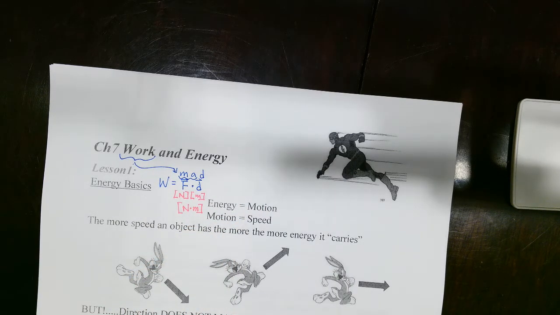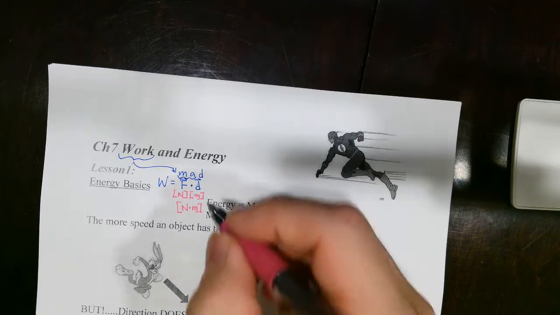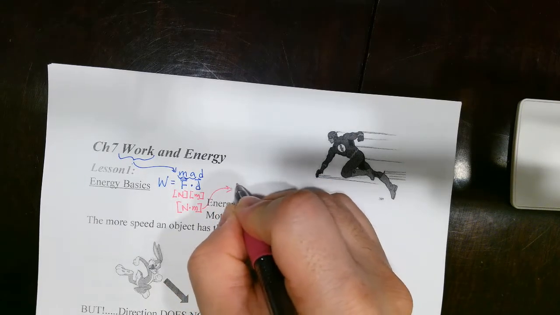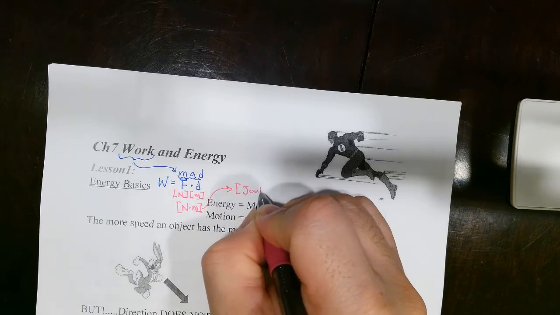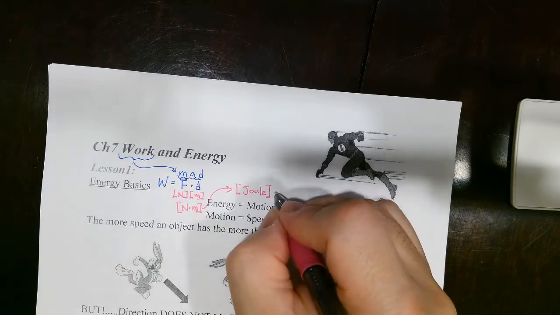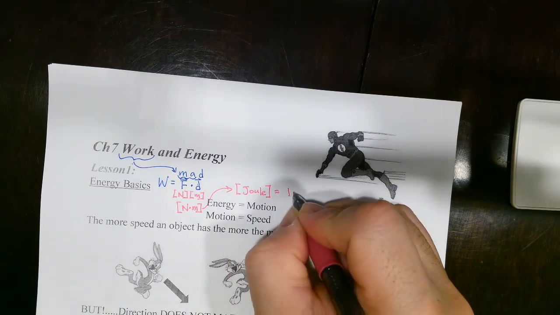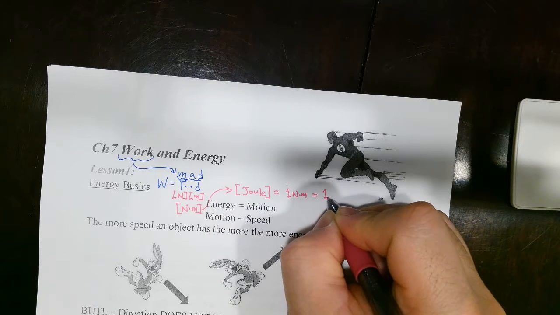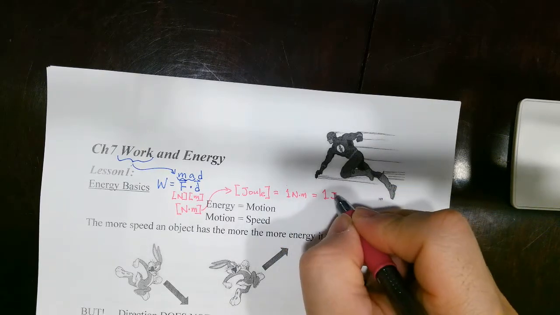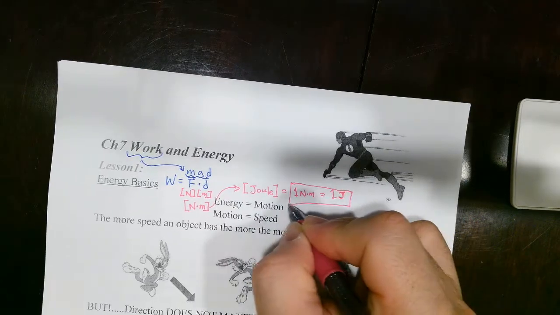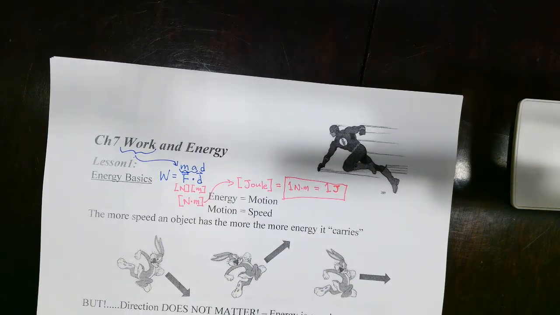Well, they decided to give this unit a name: joule. Okay. Now, 1 newton meter is equal to 1 joule. Joule is capital J. Okay.